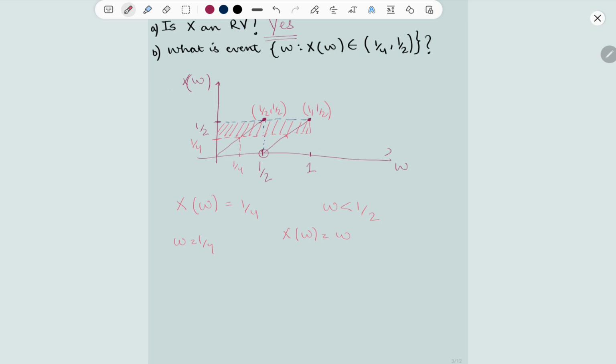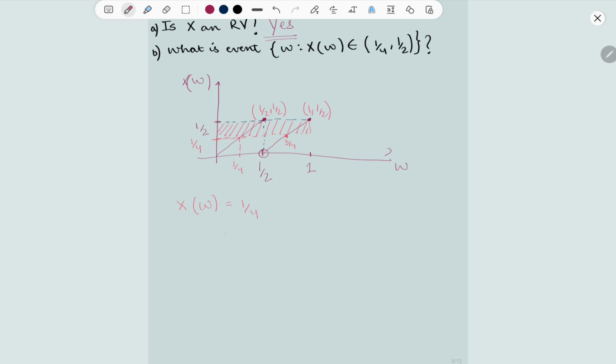Now we have to find the value here. It is 1/4, so 1/2 plus 1/4, here we will get the value 3/4. See, this 1/4 line cuts here, so of course we will get the value 3/4.